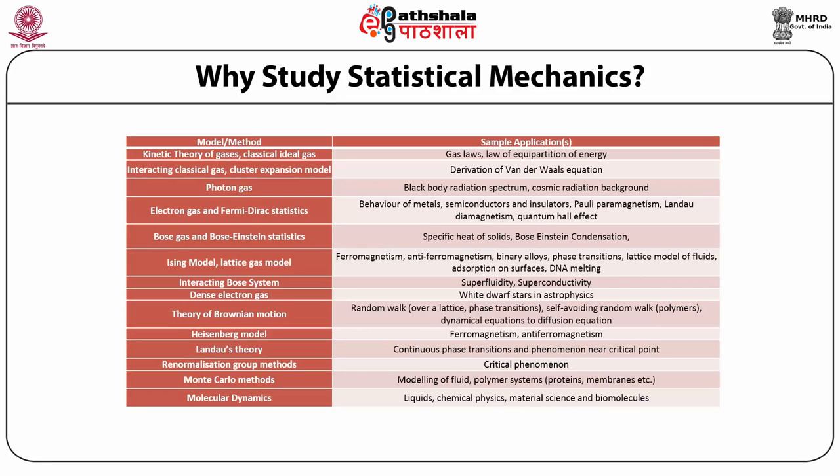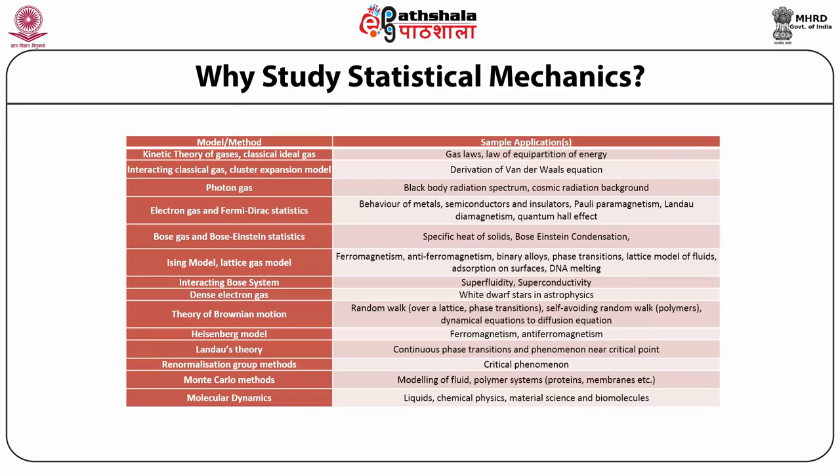The theory of Brownian motion via random walk over a lattice helps us to understand phase transitions. Self-avoiding random walks help us to understand polymers, and we are led to dynamical equations to understand diffusion via diffusion equations.